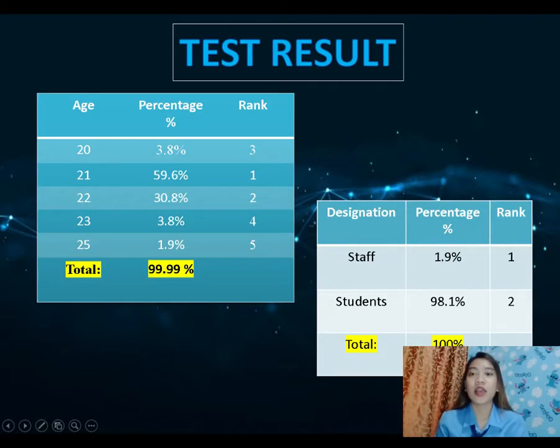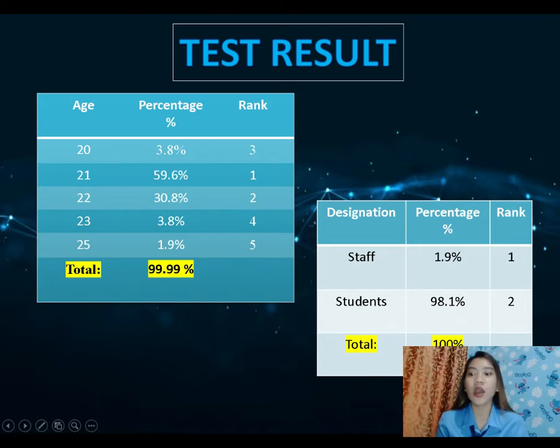Test result. The ages of respondents are 20 years old, 21 years old, 22 years old, 23 years old, and lastly 25 years old. 20 years old got 3.8%, 21 years old got 59.6%, 22 years old got 30%, 23 years old got 3.8%, and 25 years old got 1.9%.